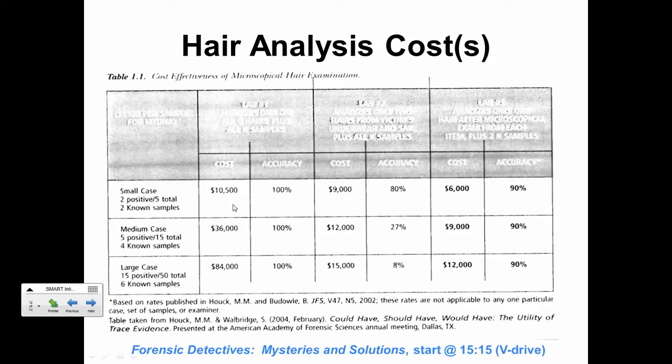That's kind of expensive, isn't it? So do you think many police departments and agencies use this? No, they do the simple analysis to see if there might be association, and that's about it. Unless they can pull DNA from the root of the hair.